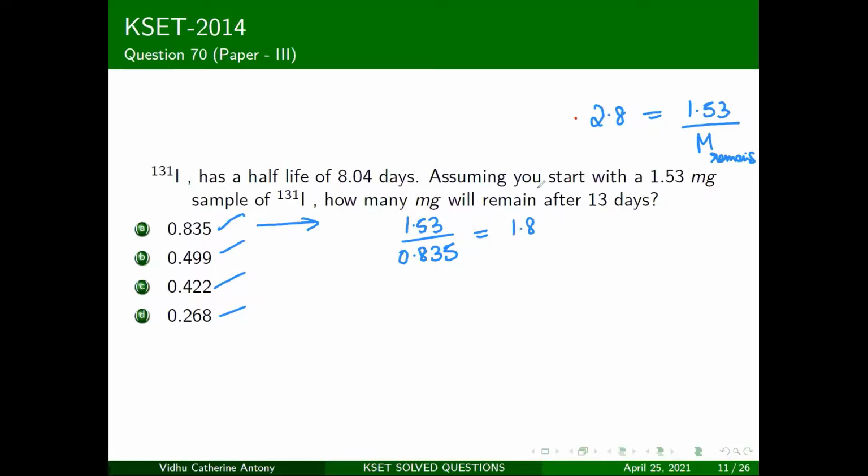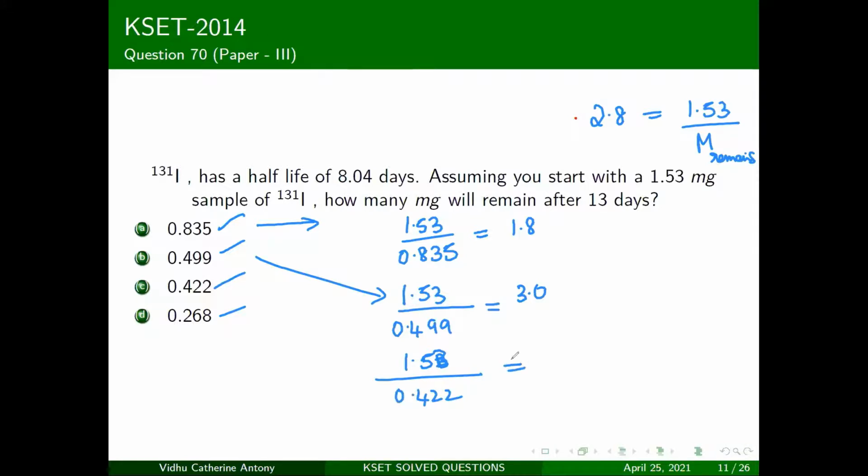Way off. If you look at this option, 1.53 divided by 0.499, you have about 3.0, which is pretty close to 2.8. Let's look at the other one that you have. This is 1.53 and 0.422, that's going to give you approximately 3.6.